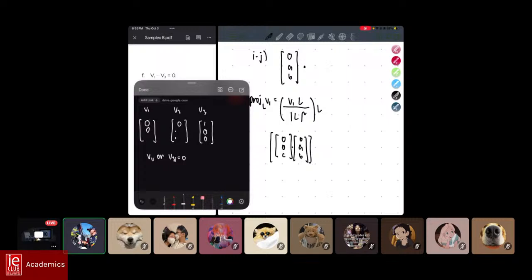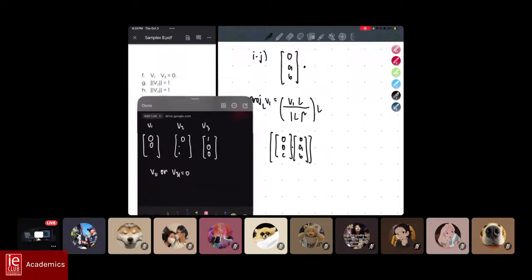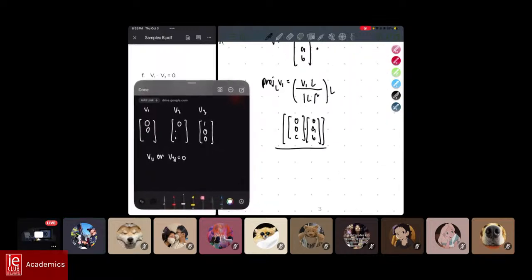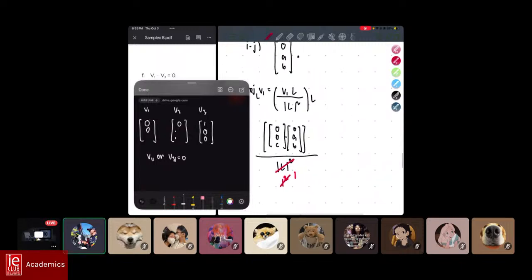Since L is V2 and we know na magnitude of V2 is 1, this is just the magnitude of L squared, which is just equal to 1 squared, equal to 1. So, wala na yan. And then all of that, so we'll get a number here. We'll get a scalar quantity multiplied by L. So 0, A, B.